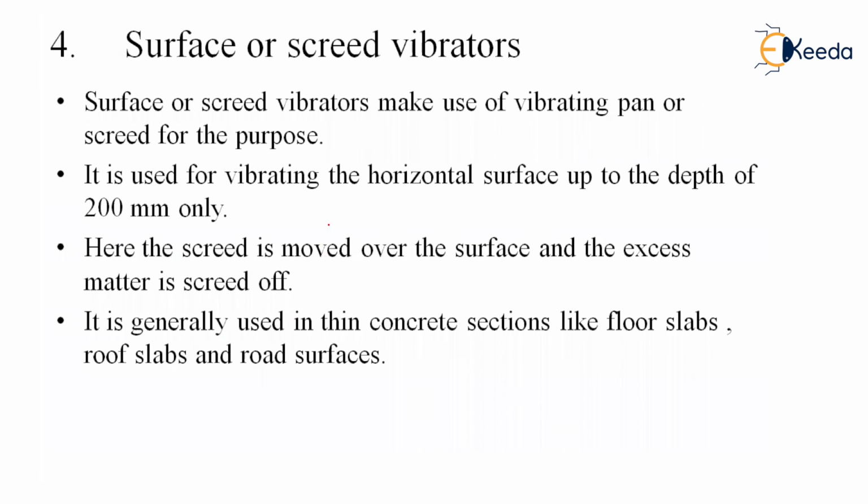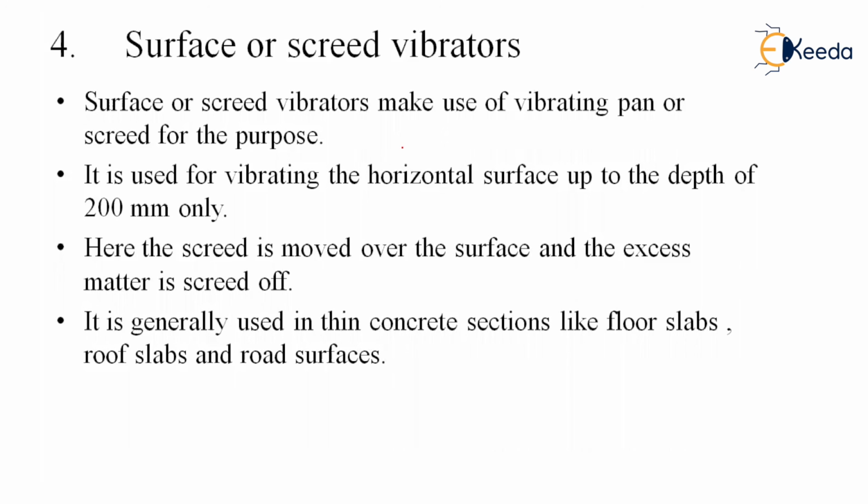Surface or screed vibrators make use of a vibrating pan or screed for the purpose. It is used for vibrating the horizontal surface up to a depth of 200 mm only. The depth where it can give the vibration is pretty less, only 200 mm.